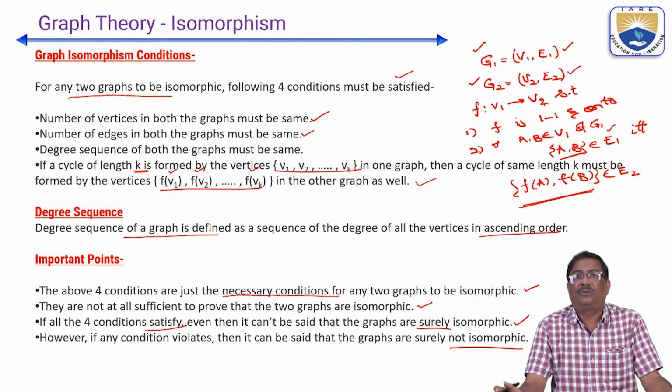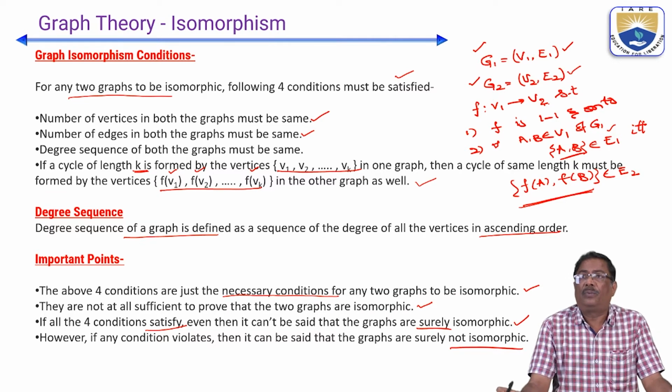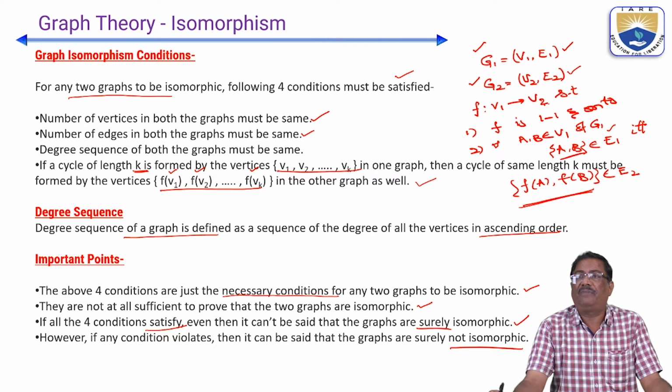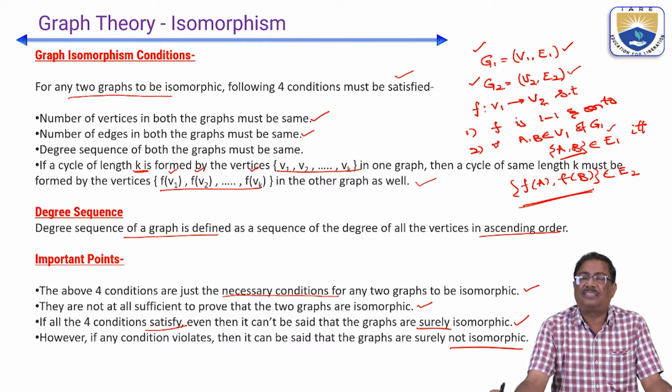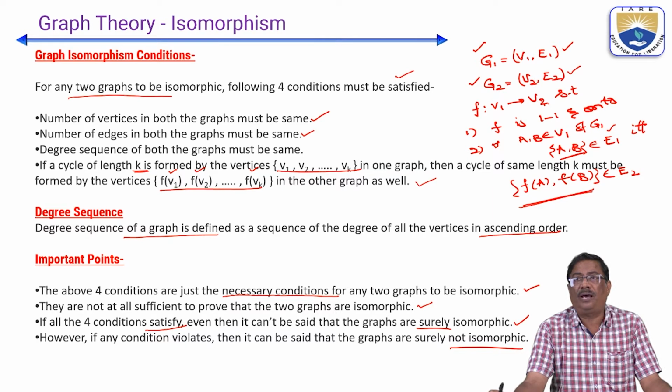Once again, what are the necessary conditions? Here G1 is one graph and G2 is another graph, and f is defined from V1 to V2, that is, vertices of G1 to vertices of G2, such that f is one-to-one and onto.